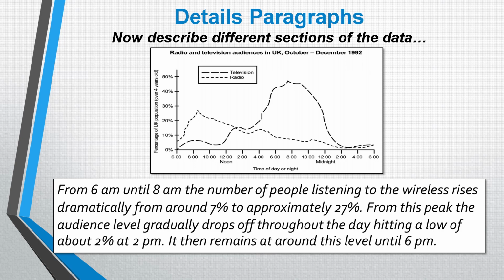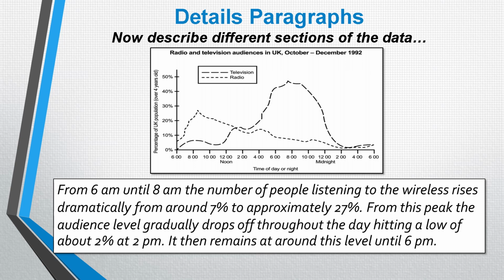Now, something to notice here is that we have written this in present simple because we are talking about facts and figures. We could have written this in past simple. Both would have been okay on this occasion. Now, also notice that there are numerous numbers that have been inserted, which have been taken straight from the graph. And it's important to note that if I'm not 100% sure what the number is, I use words like around 7% or approximately 27%.